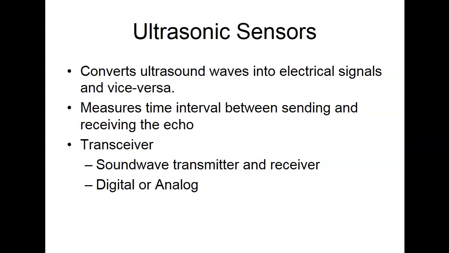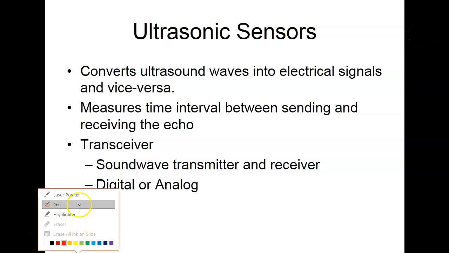It measures the time interval between sending and receiving echoes. We have what we call a transceiver. Transceiver is a term for the transmitter and the receiver inside one unit. Like over on the manufacturing line, if y'all remember, we looked at it, all you see is just a block.